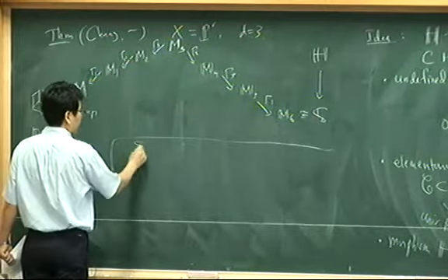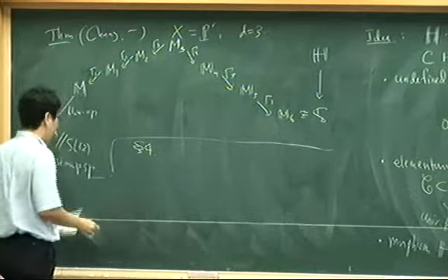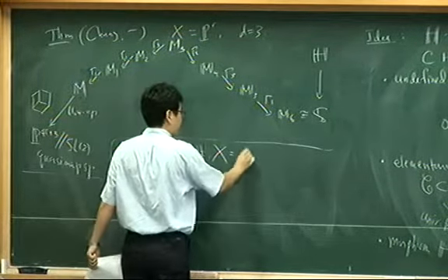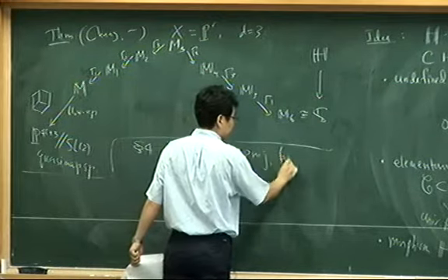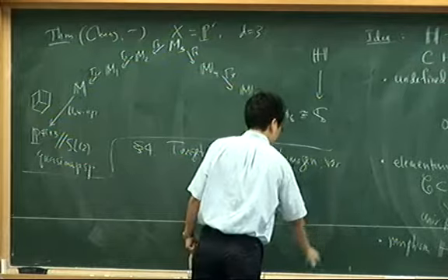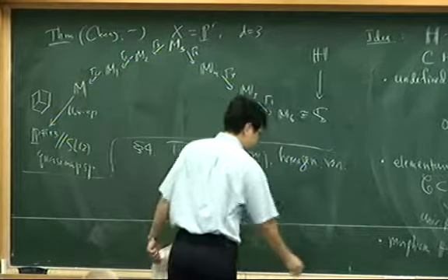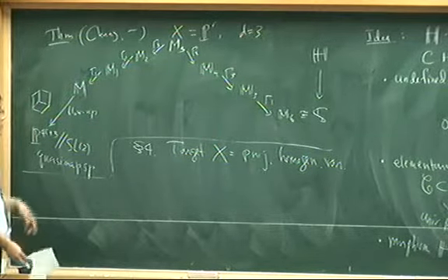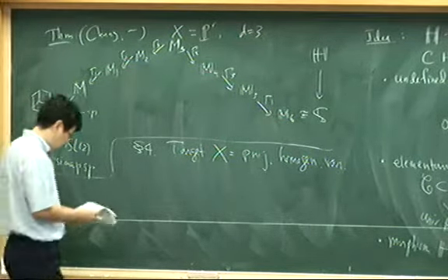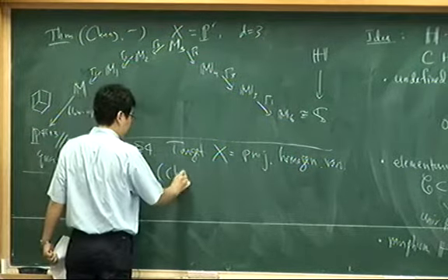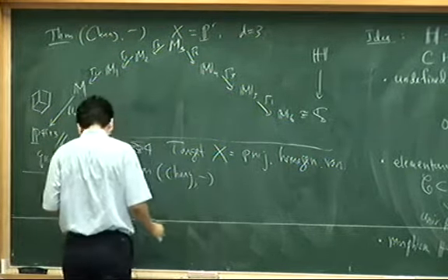So the new result is the case when the target is a projective homogeneous variety. So it doesn't have to be a projective homogeneous variety. There's a couple of conditions that X should satisfy in order to have this result. Okay. The theorem, due to Chung and myself, is this.